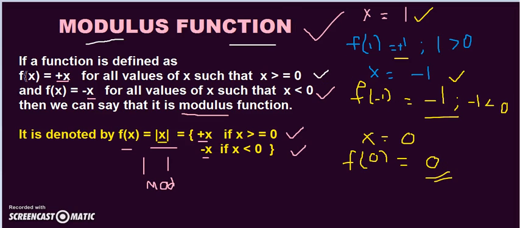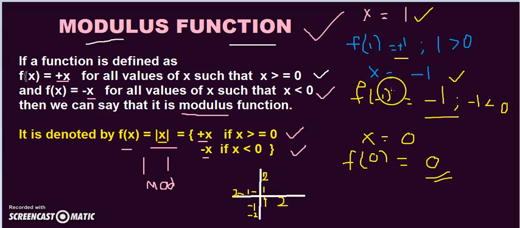When you take a graph for this, if this is my x-axis and this is your y-axis, you will have numbers like this. This is your 0 center, this is 1, this is 2, and you will have negative values here, minus 1, minus 2, and positive values here, 1 and 2.